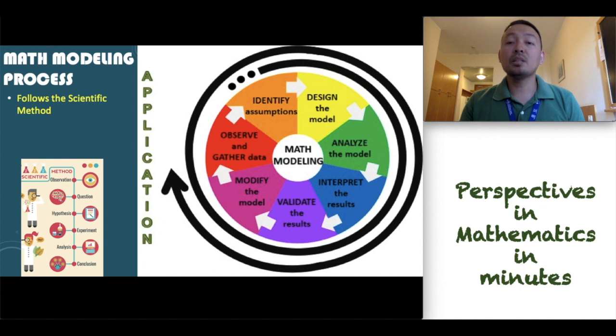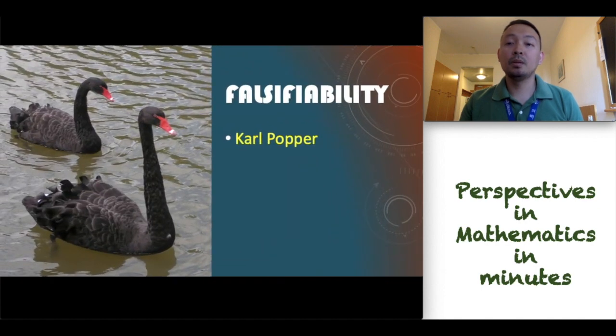The modeling process follows the scientific method, and it should adhere to the philosophy of science, specifically falsifiability. We can also see that the mathematical modeling process is very similar to the process of the scientific method. What is falsifiability? This is a philosophy proposed by Karl Popper.